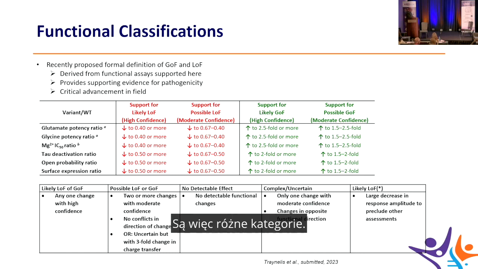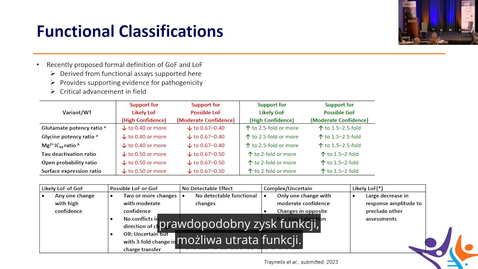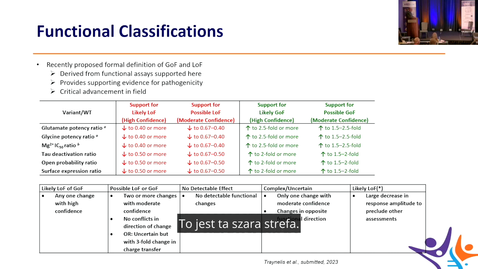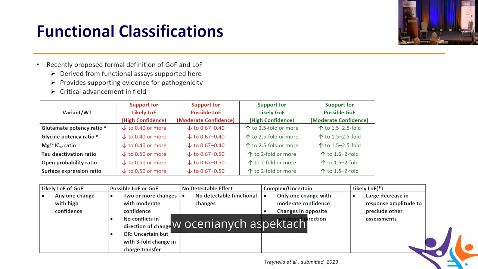And so there are different categories. There's likely loss of function, possible loss of function, likely gain of function, possible gain of function. So this is that gray area, but it is all meant to be associated with specific changes in those aspects that are assessed in terms of those different features.